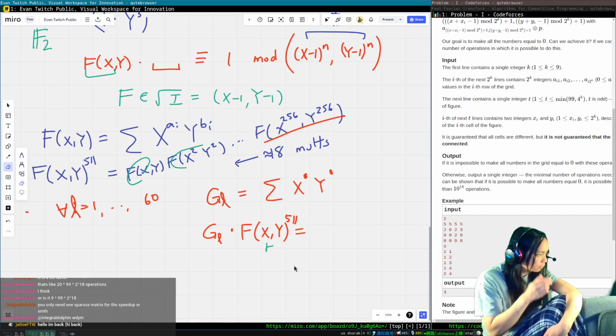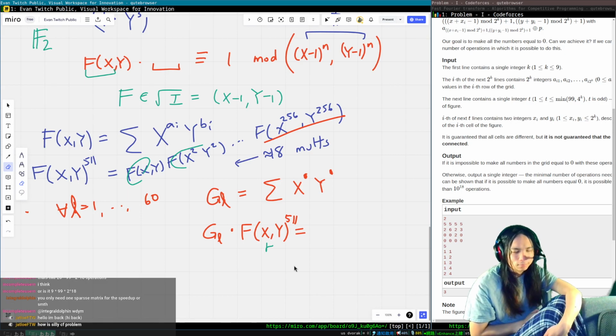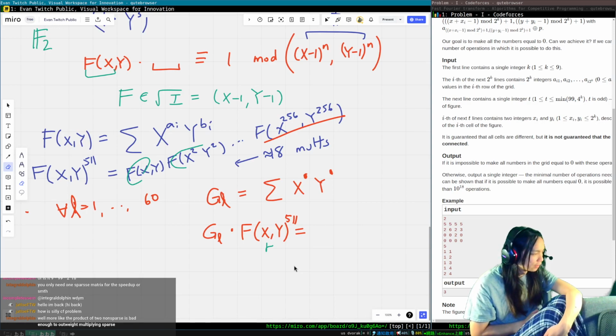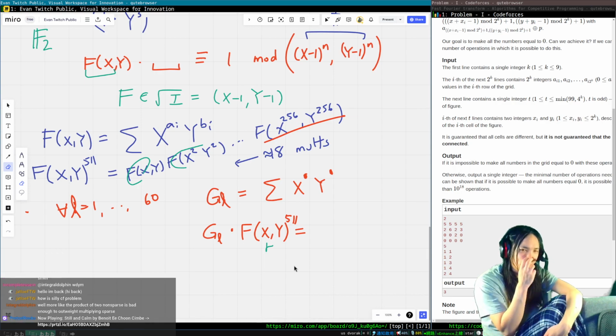Okay. Now, how... I have to implement this, huh? Yeah, I see. So in general, if you have a bunch of sparse matrices and you want G times the product of them, you want to keep throwing the sparse ones at G instead of multiplying.